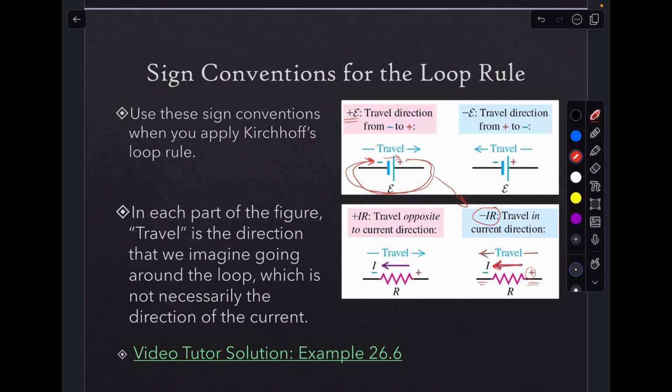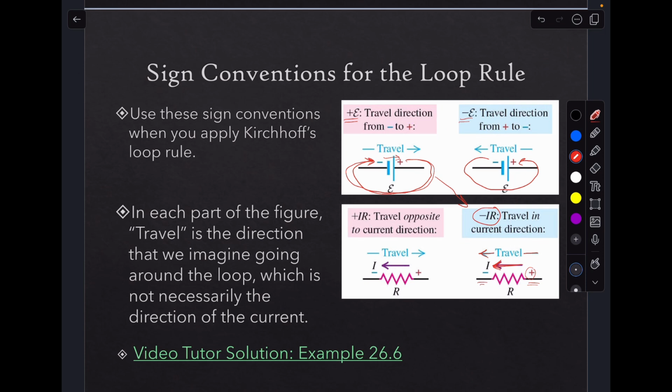Now, what happens if you draw your loop the other direction, so that you're leaving the negative terminal and entering the positive terminal? That's fine. It's an arbitrary choice of travel, but when you do, you need to make sure that you're subtracting instead of adding, that you're subtracting potential from the system.